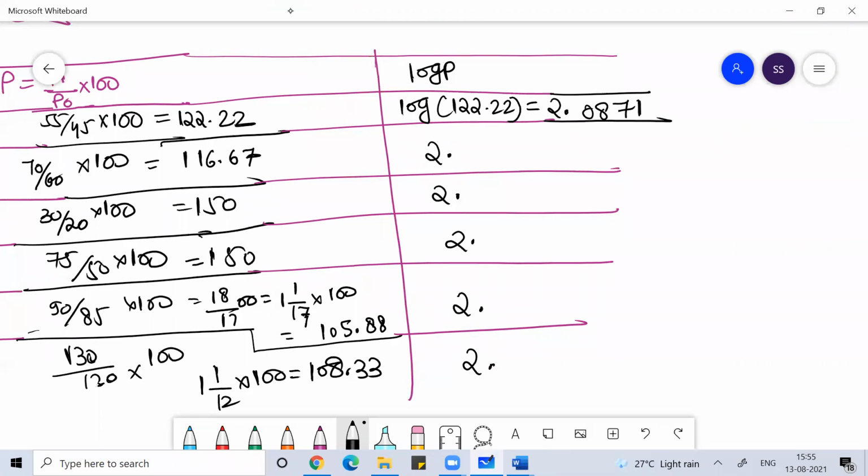Second one, 2 point, see 11 and 6, and then you can see 7.